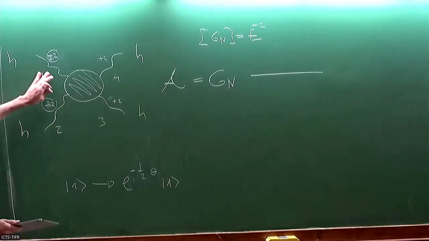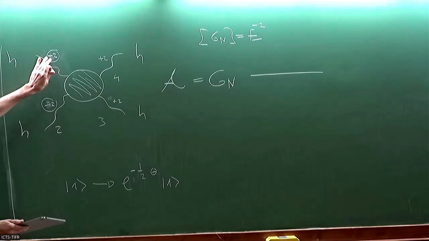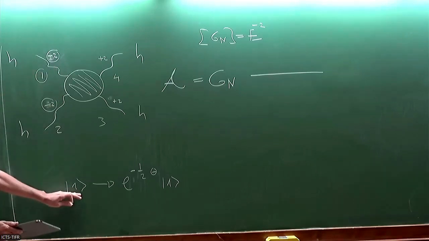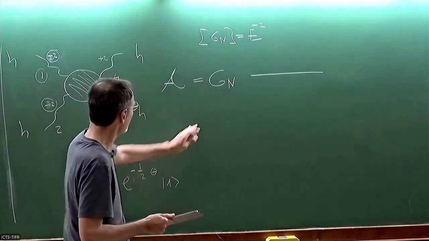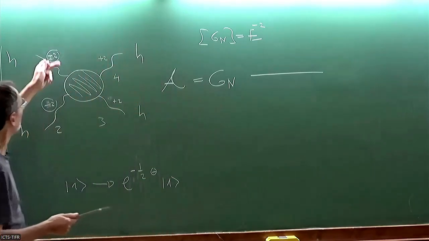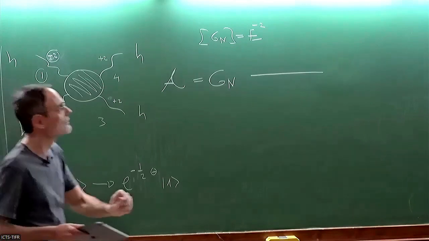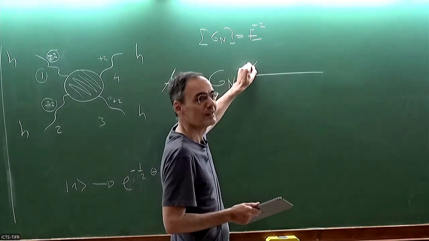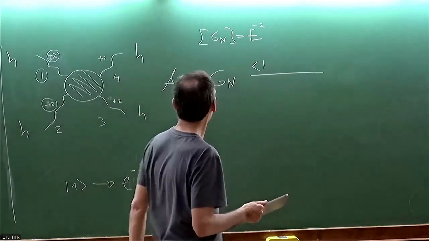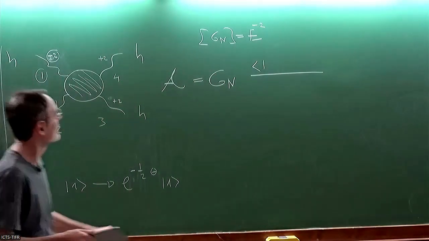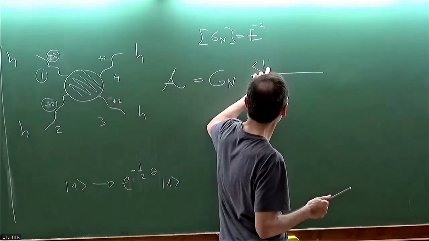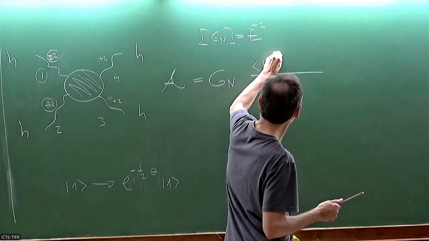For particle 1 with helicity minus 2, you have to put many of them, as you can imagine, because when you do this transformation you want to get e to the minus the helicity of this guy. Okay, so this guy has to appear 4 times, and we have to contract with somebody else 4 times.